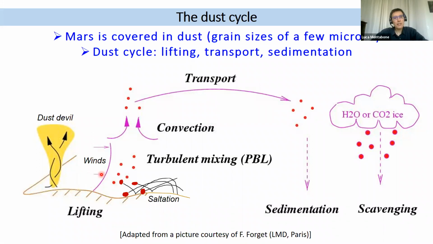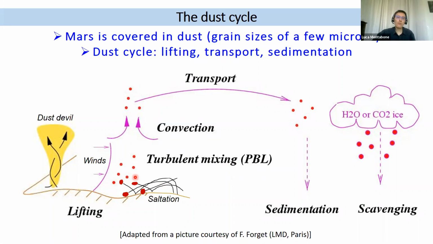But these near surface winds are coupled with another phenomenon. Big sand particles are moved by near surface winds, but instead of being put into the atmosphere, because they are too big to be put aloft, they just saltate, so they move around. By doing this, they kick other, smaller particles, dust particles, so that the dust can be lifted into the turbulent planetary boundary layer, where turbulence can move it higher in altitude.